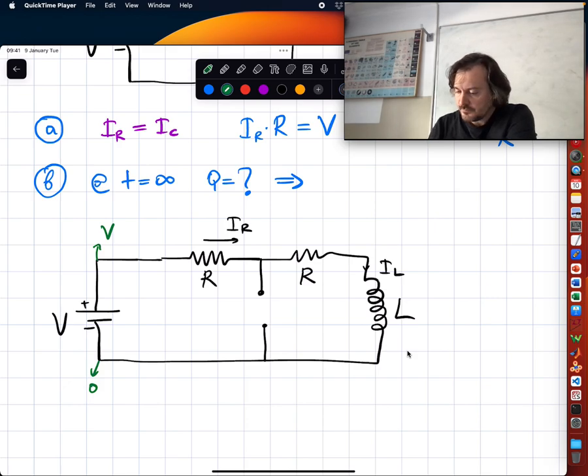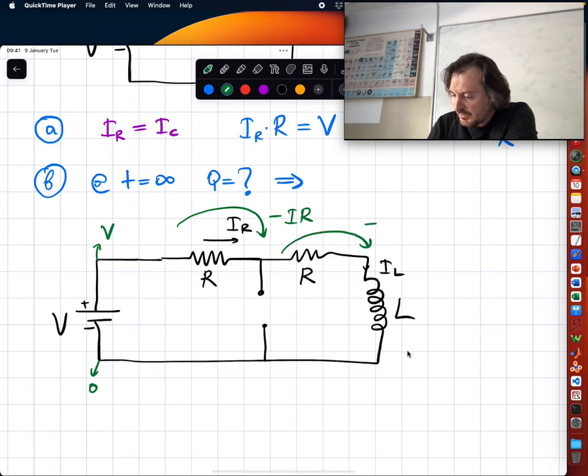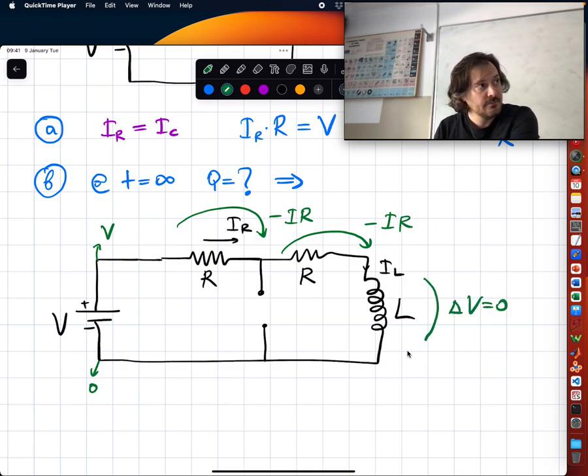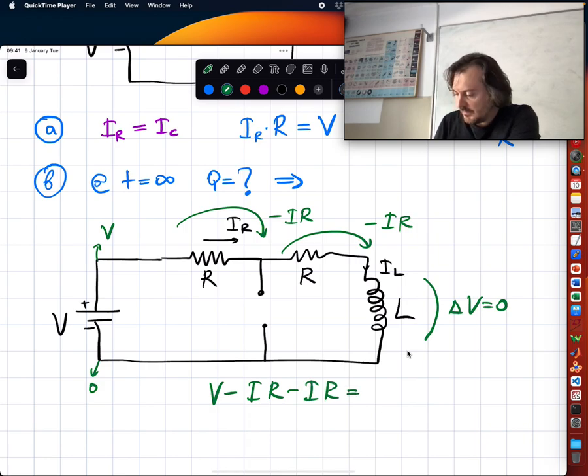And then it decreases by IR over here, and it decreases again by IR. And over here, the current is settled, so there is no potential difference over here. Do you agree with that? So V minus 2IR is equal to 0.